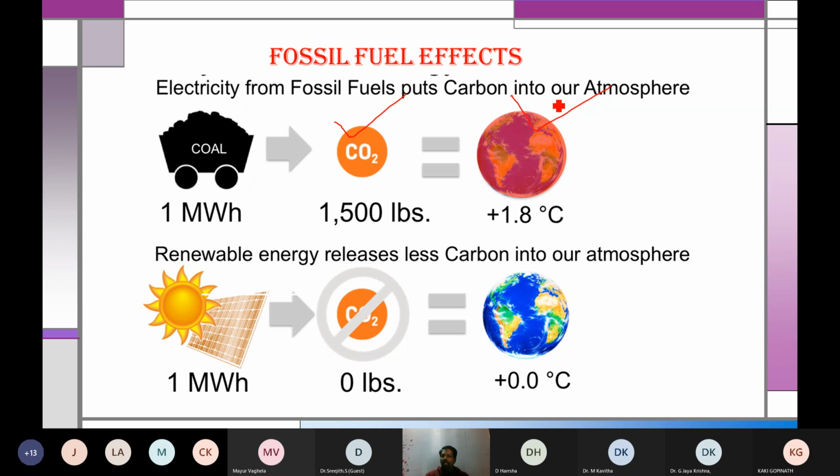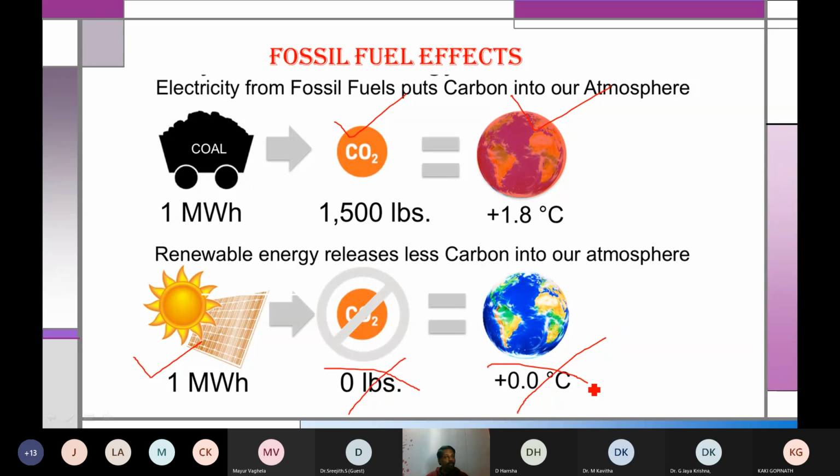Whereas if I'm generating the same 1 megawatt of power from solar, there is no emission and no increase in temperature. This is what we expect from a renewable energy source. First, it should be renewable, so solar is renewable. Second, there should not be any emission, and there is no emission from the solar panel.